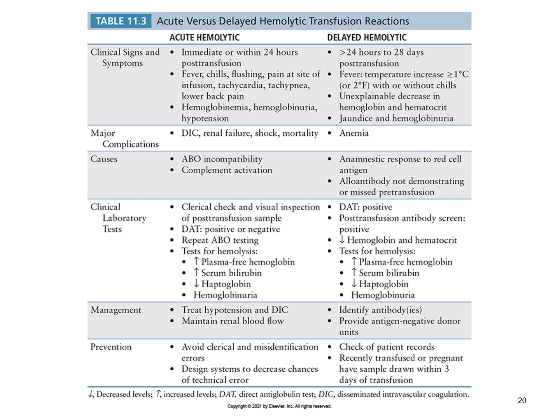And of course, your acute is typically going to be due to ABO incompatibility or some sort of complement activation, whereas your delayed is going to be more of a response to those alloantibodies.